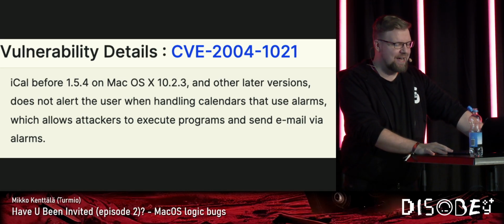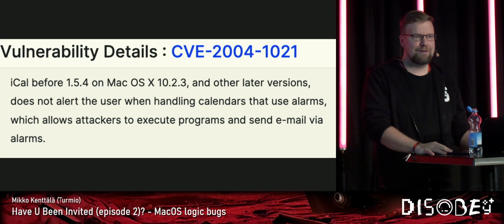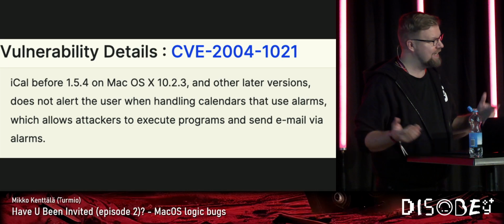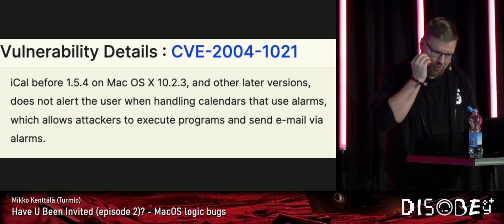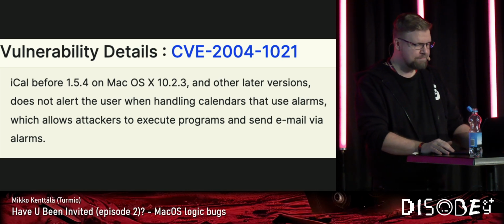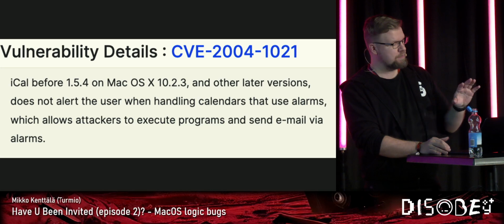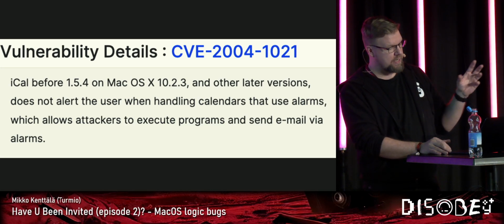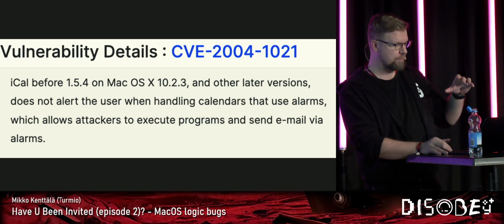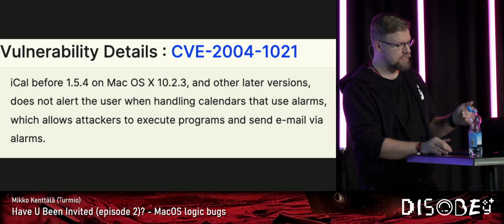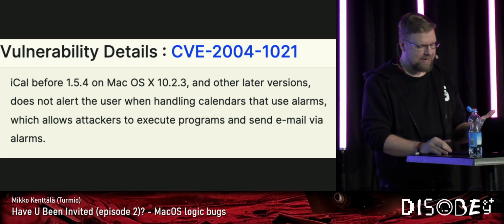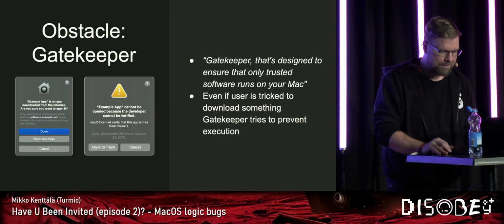Or you don't want a calendar invitation which includes alerts that will automatically send emails or open some files or something like that. But since this was only limited to the local version, and as an attacker I had the possibility to add new local calendars, this seemed quite handy to research further.